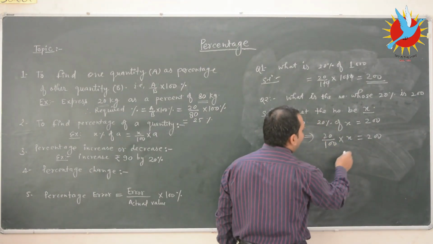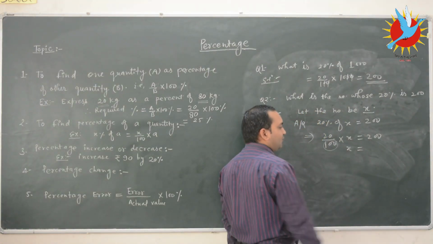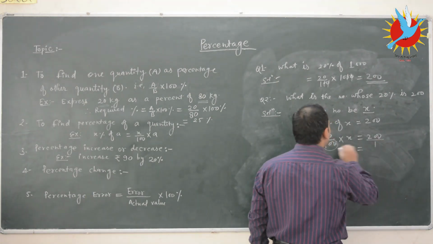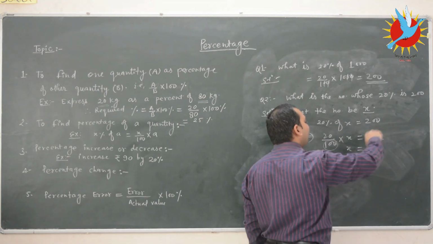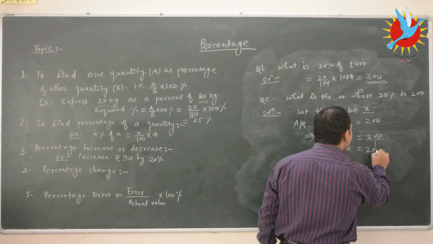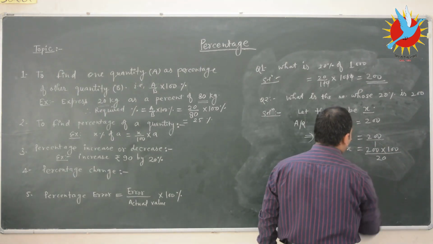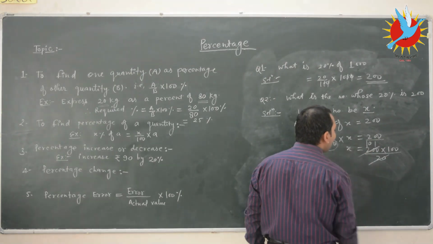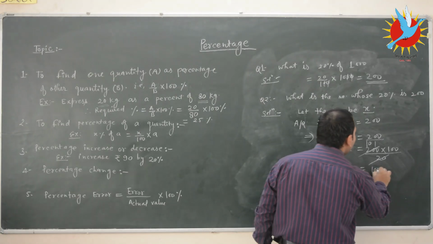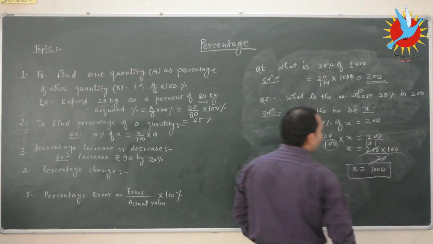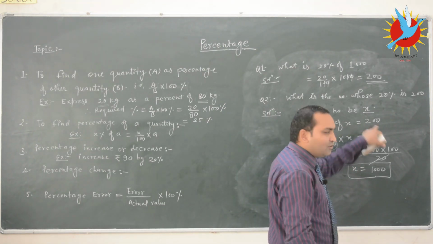Then we find the value of x: the denominator 100 goes to the numerator, so x is 200 into 100 divided by 20. 20 tens are 200, so x is equal to 100 into 10, that is 1000. So the number is 1000 whose 20% is 200.